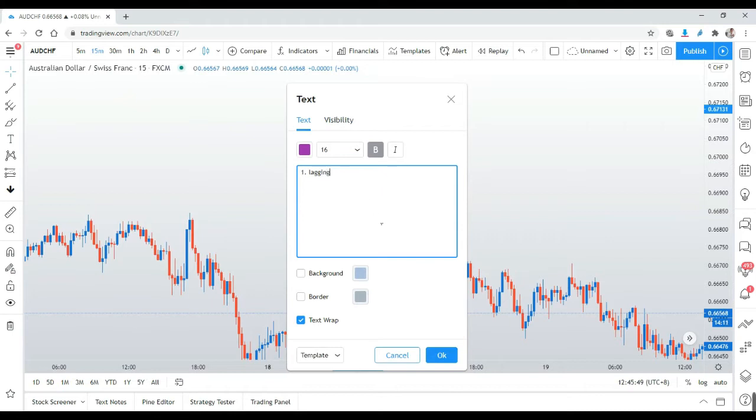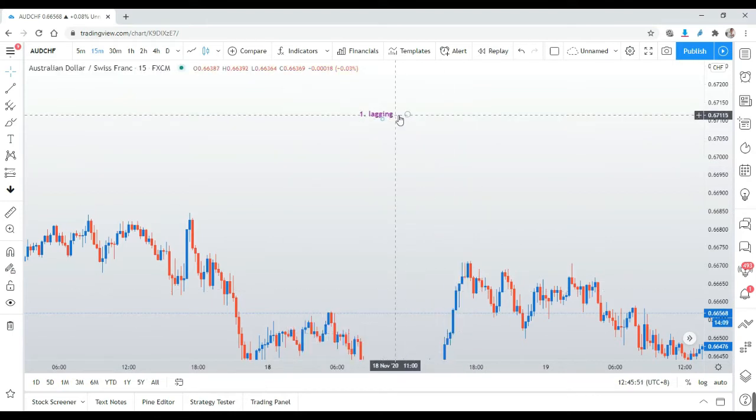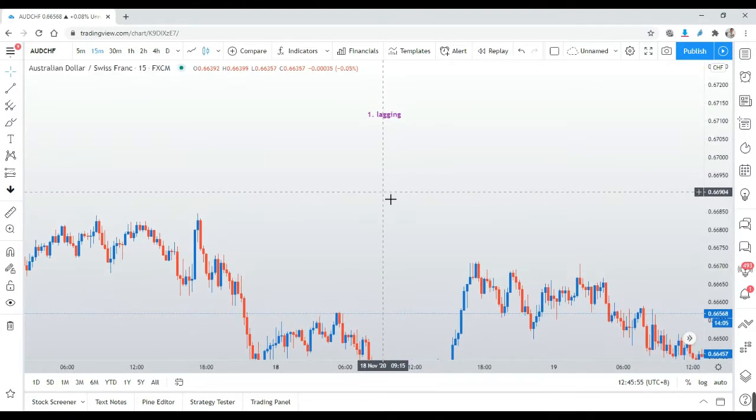What do I mean by lagging? If you think about it properly, what do indicators need? Indicators need data, because indicators are derived from a mathematical formula or some kind of plotting, and I don't want to go into details about it.